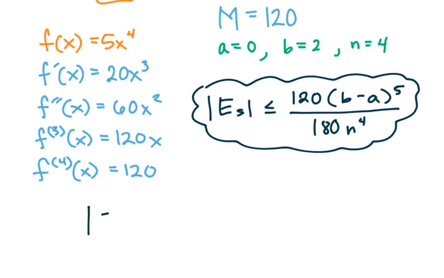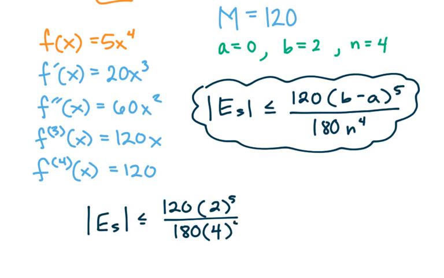So my Simpson's rule error estimate is less than or equal to 120 times (b minus a), 2 minus 0 is 2 to the fifth, or 32, over 180 times 4 to the fourth. And that value, if we simplify it, is equal to 1/12, or 0.083 repeating. And that means we know our error is going to be less than 8.3%.